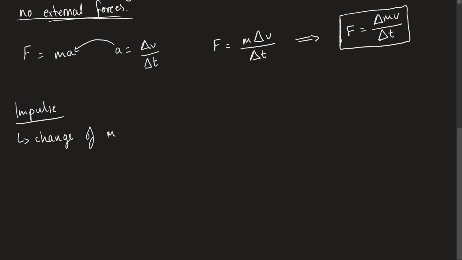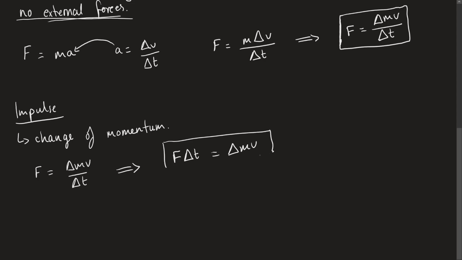So impulse is the change of momentum. Now, we already have a formula for the change in momentum, and that means that F is equal to the change in momentum divided by the change in time, which means I can rearrange it so that F times delta t is equal to the change in momentum. And this is the formula sheet formula that you'll get.